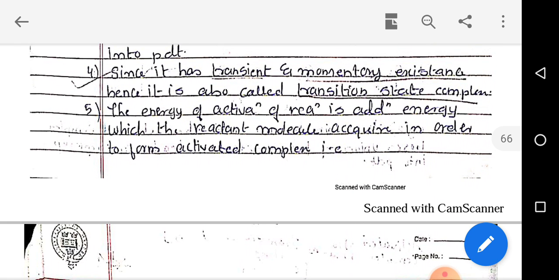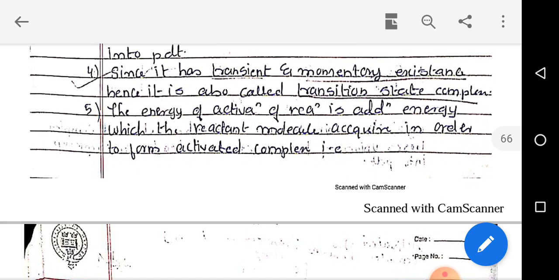We have studied this in the transition state. Last year, or in the 12th class, we studied the energy profile diagram of SN1 reactions.